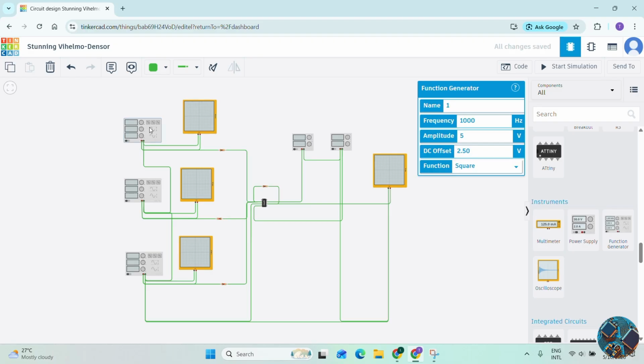So I select this one to 10 Hz. Need 2 peak to peak voltage. Then this one to 0. I need sine wave. This one also same like that: 10 Hz, 2 peak to peak voltage, 0, sine wave.